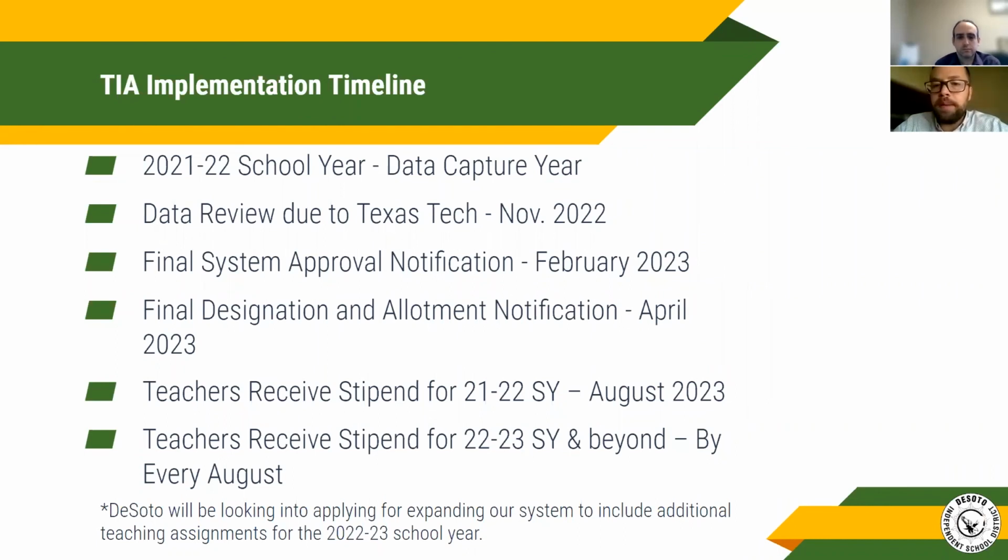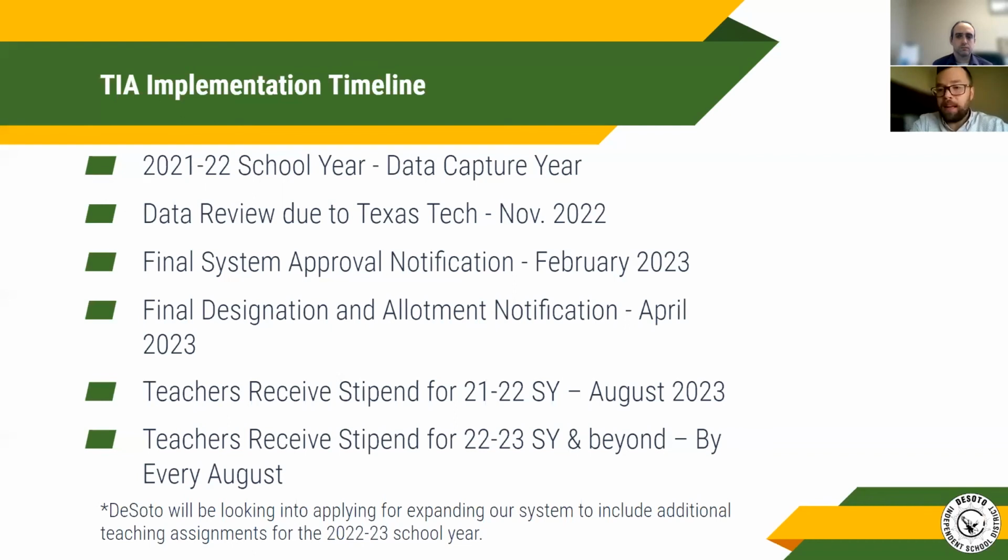If our system is approved, which we fully expect it to be, in April 2023 you would receive notification that you have been given that designation, which would go on your certificate, et cetera. And then the state, after that point in April 2023, would send out the payout to DeSoto ISD, and we would pass it directly through to the teacher, that 90%, which is the most that can be done, by August of 2023.